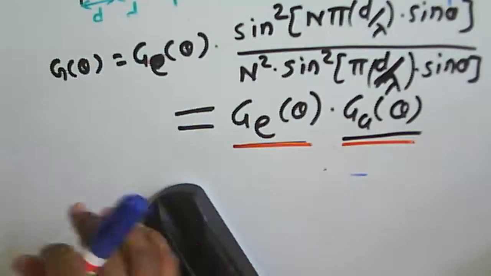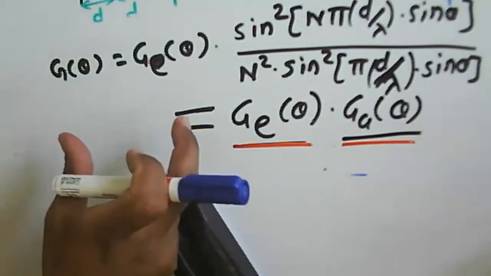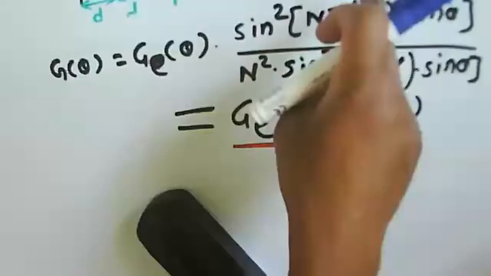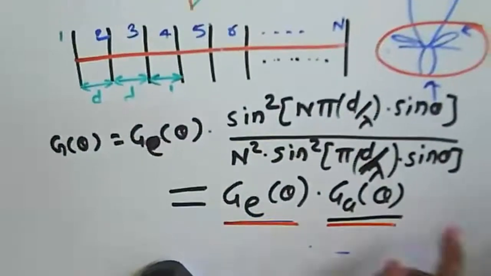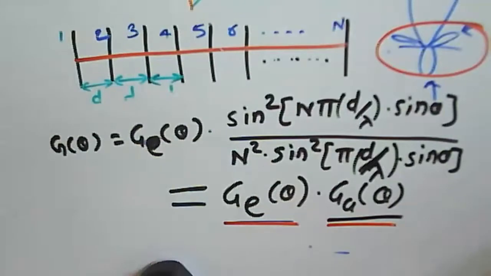So from this we can consider a radiation pattern in terms of element and array factor. Here we considered a one-dimensional array, all in a single dimension.